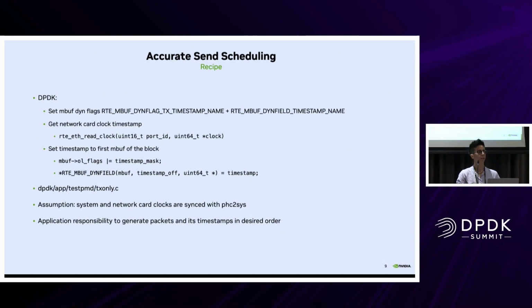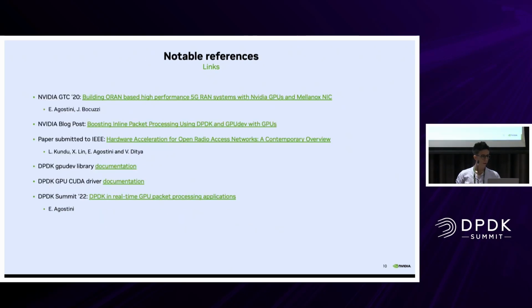And of course, the assumption is that PHC2SYS is running on your system, so the clock on the network card and the clock on the system basically speak the same language. And if you want to use this feature, it's the application's responsibility to enqueue packets in the right order. Otherwise, you may not have the desired effect if you mismatch the timestamps and the timestamp order.